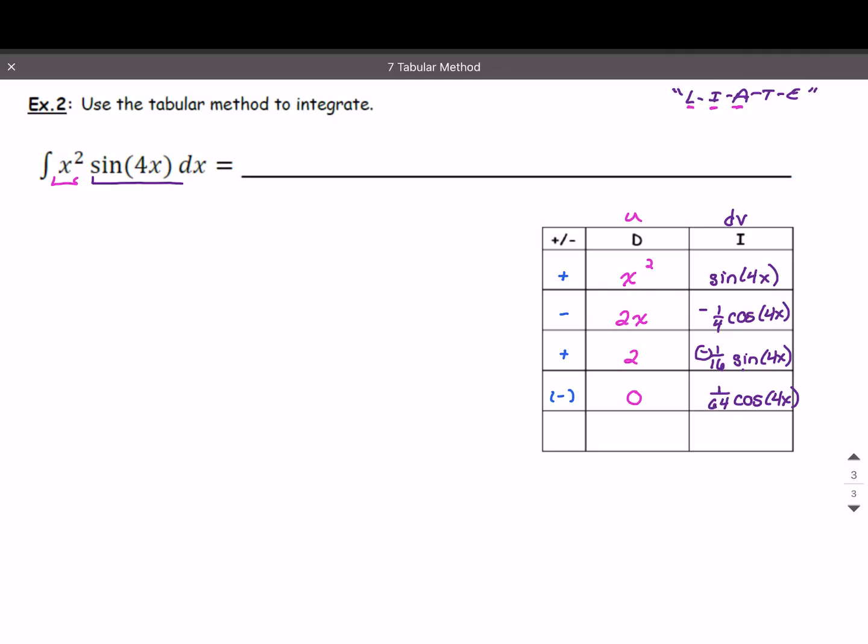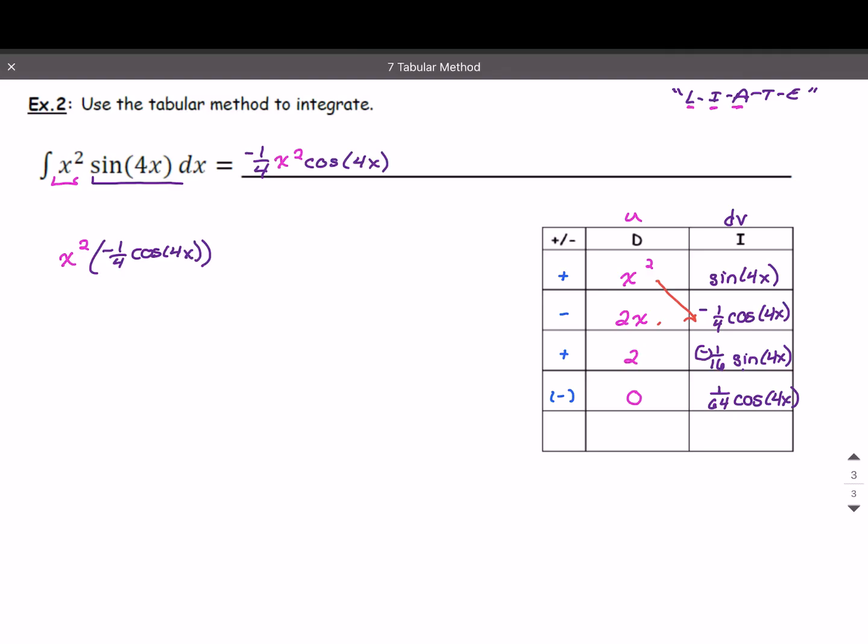All right, now we're ready to put it together. So here we go. On the first diagonal, we're going to have a positive x squared times a negative 1/4 cosine of 4x. And if we put that together, that's going to give me a negative 1/4. There's not much I can do with that. X squared times the cosine of 4x.